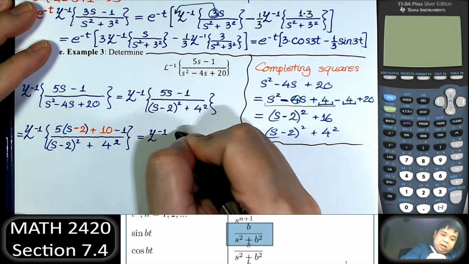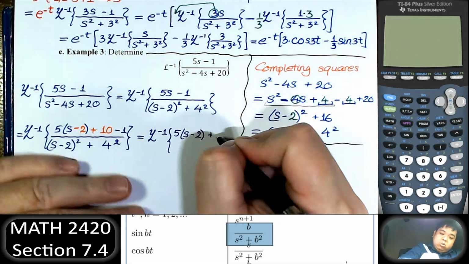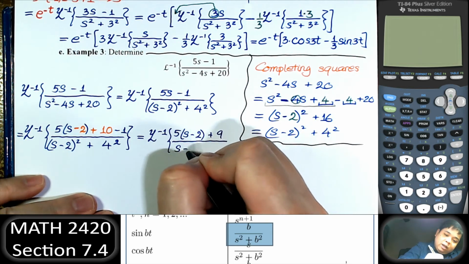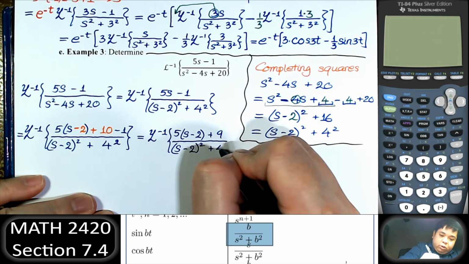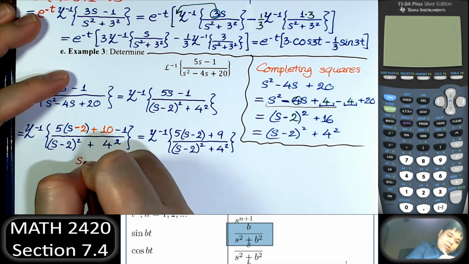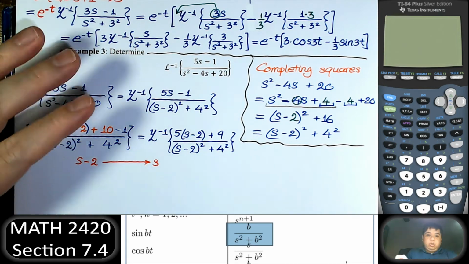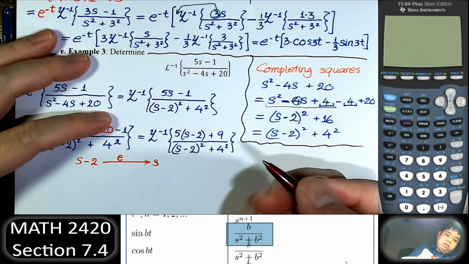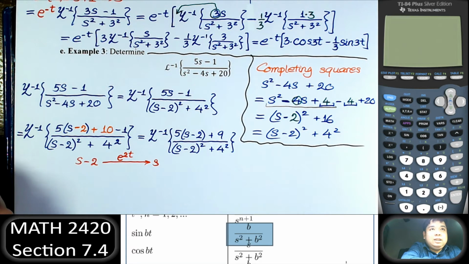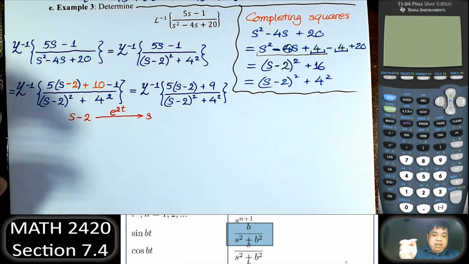So that gives us inverse Laplace transform of 5 times s minus 2, 10 minus 1 is 9, over s minus 2 squared plus 4 squared. Now what we will replace is s minus 2 into s. When we replace s minus 2 into s, what we need to multiply is e to the 2t. Always s minus a number, s minus a, and then e to the at.